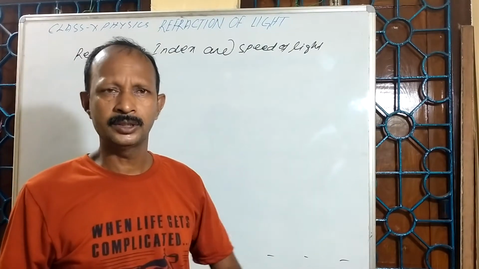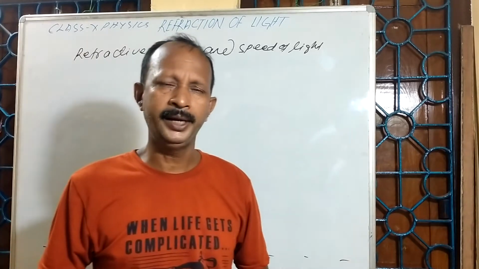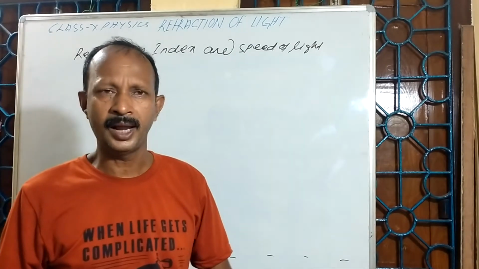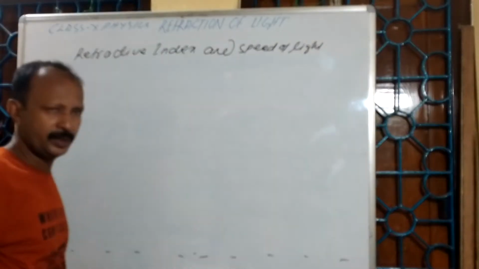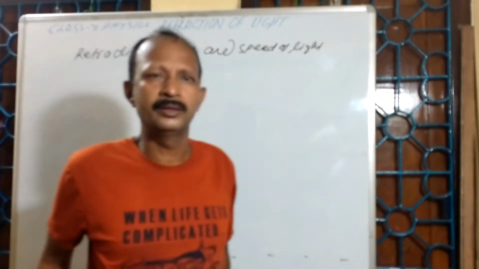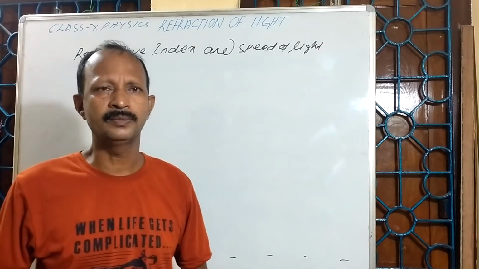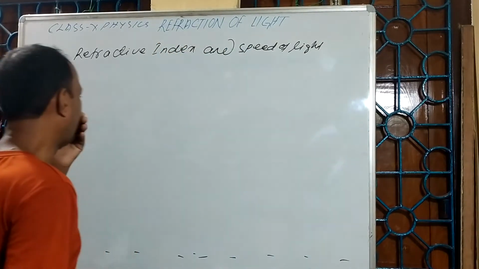In that video, I gave the introduction of refraction of light. Then I explained about the laws of refraction and I used the term refractive index. So in this video, I shall make it clear what the refractive index is and what its relationship is with the speed of light. Let us see.